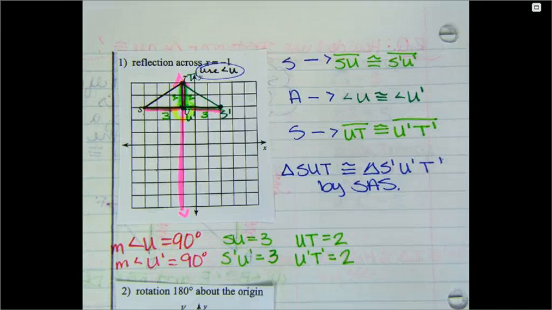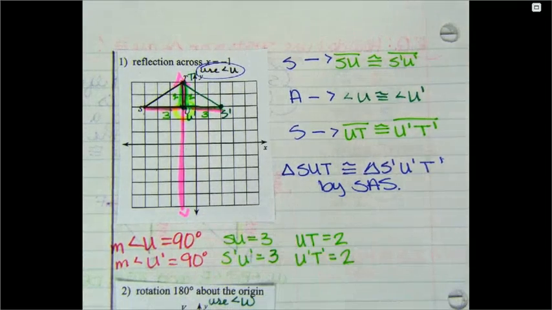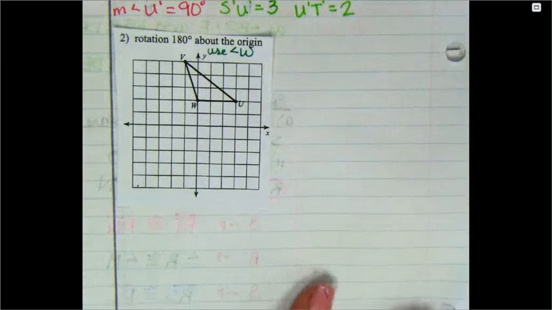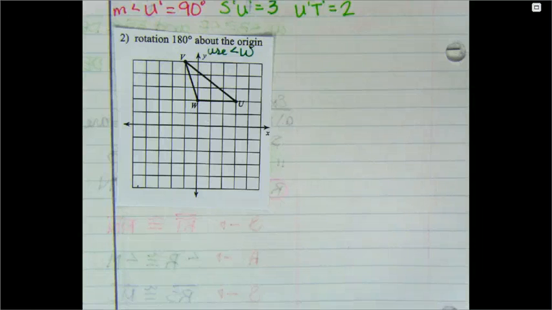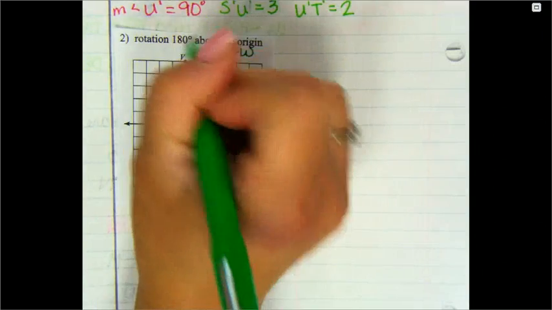I want to use angle W. We're rotating 180 degrees about the origin.